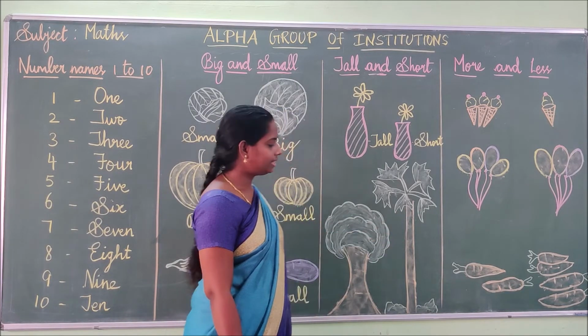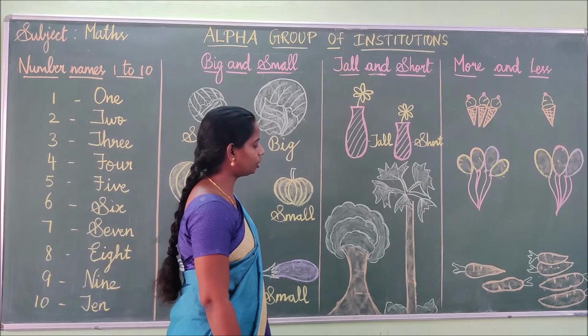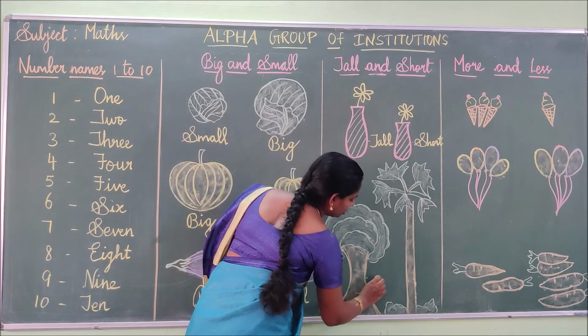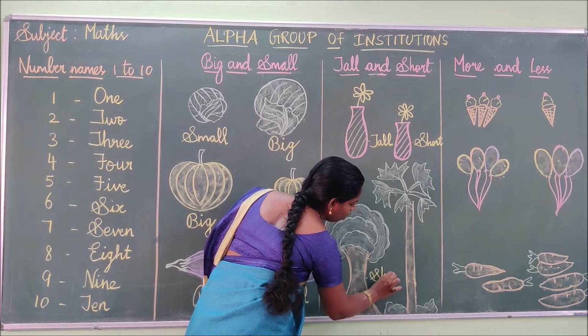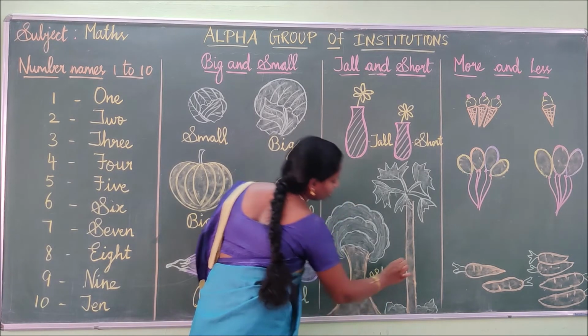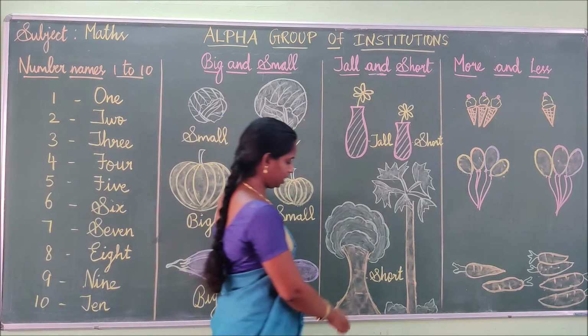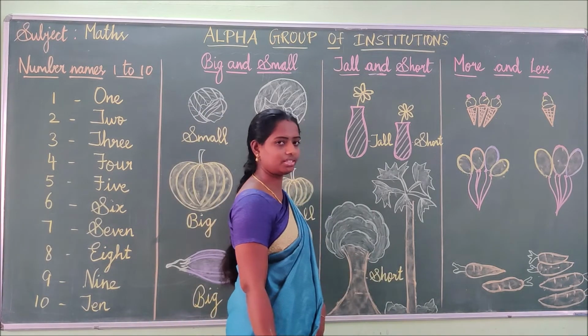Children, shall we write here which is tall and which is short? See, this tree is short. S-H-O-R-T, short. See, this tree is very short than this tree, isn't it?